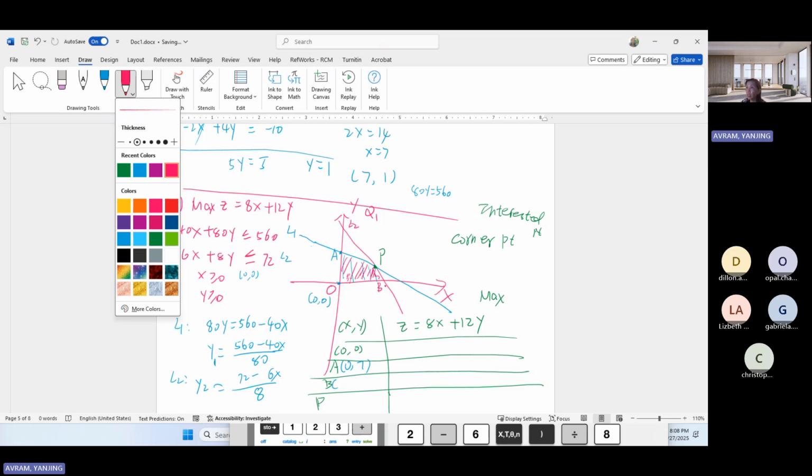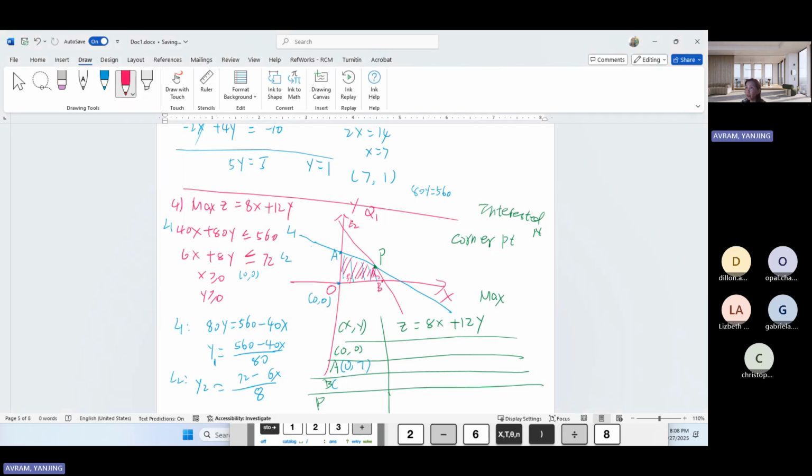All right, and then point B here is line L2. That's why the graphing is so important. L2 with the x-axis, so y will be 0. And how much is my x? You're going to go to line 2, this is your L2, right? 6x, y will be 0, so you're going to have 6x equal to 72, divided by 6, so you're going to have 12.